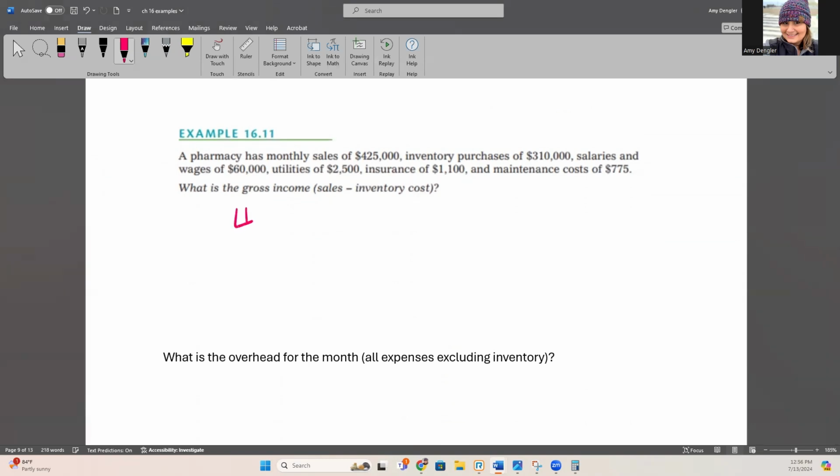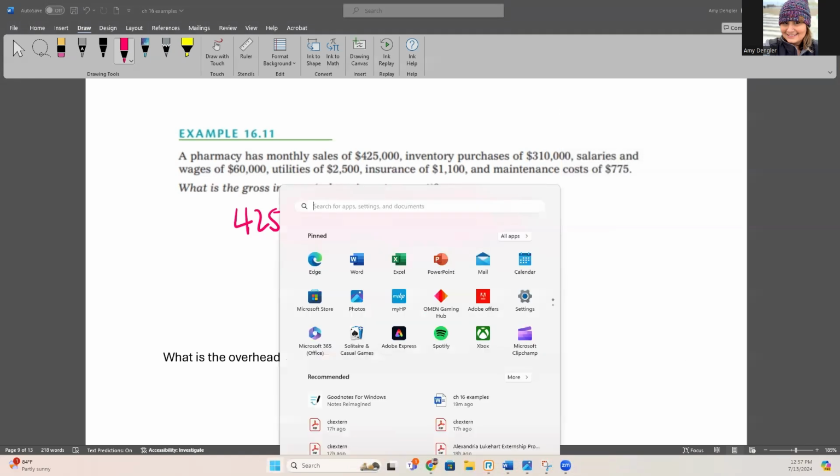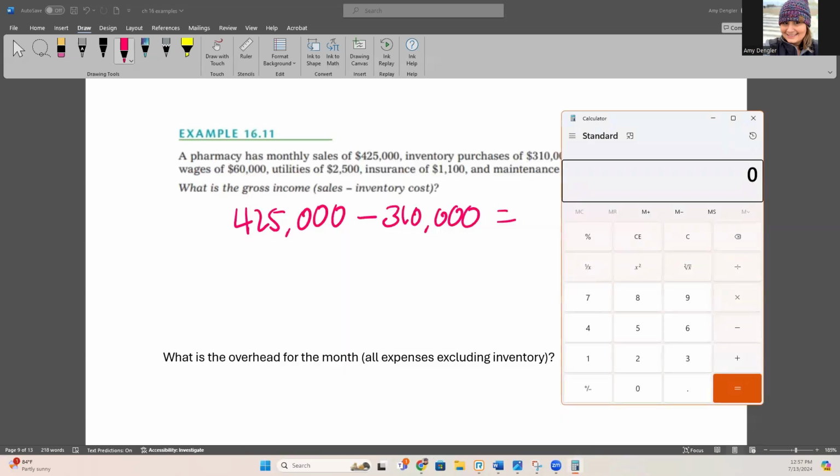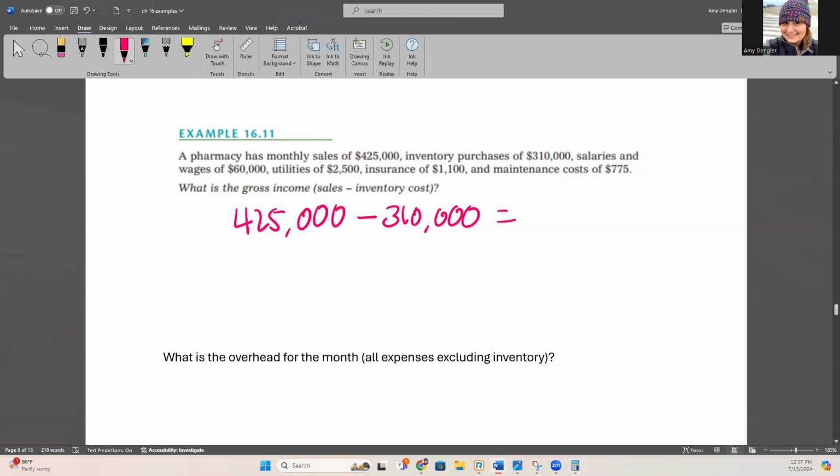So our $425,000 minus the inventory costs, which was $310,000. So we're going to take out our calculator and do $425,000 minus $310,000, which is going to give us $115,000.